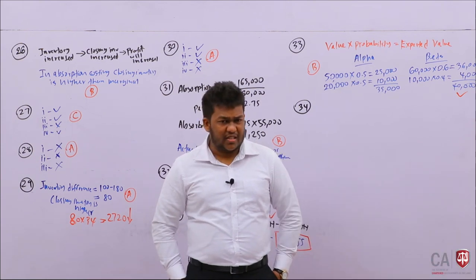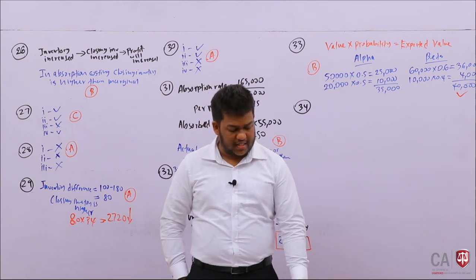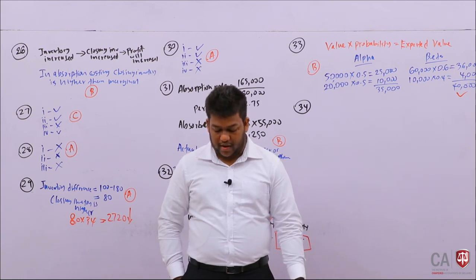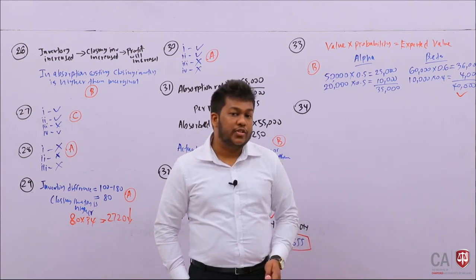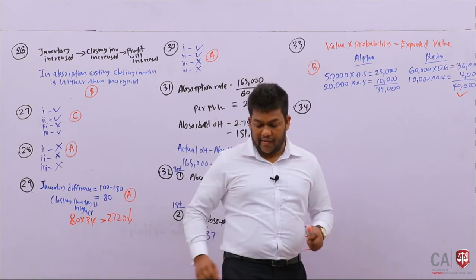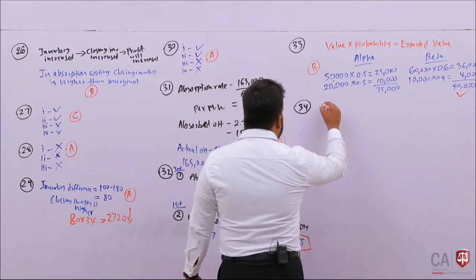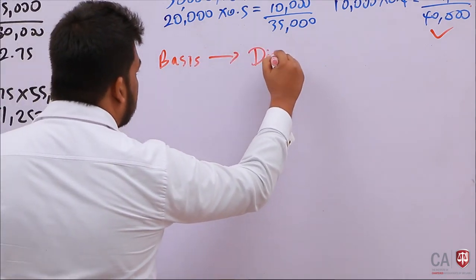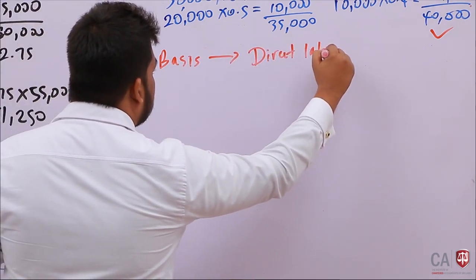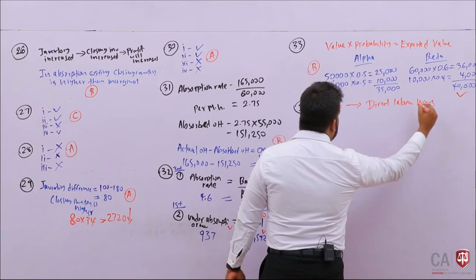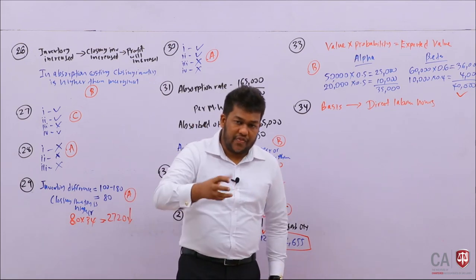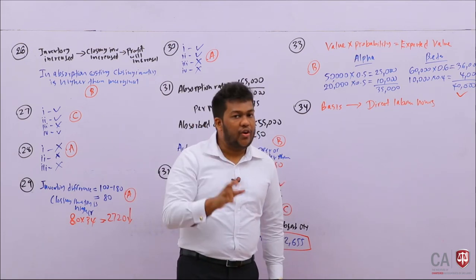What is the basis here? Different salaries. So in that case, you have to do it based on direct labor hours. So the basis here should be direct labor hours. When there are different salary costs, then you cannot go for cost.